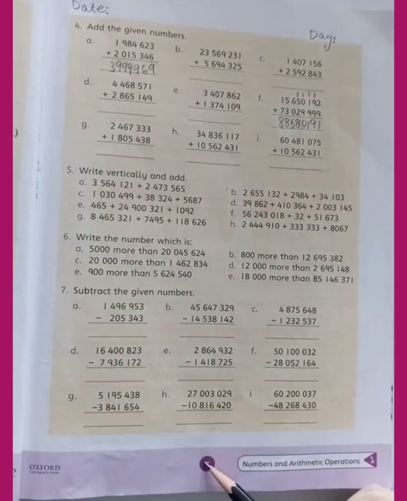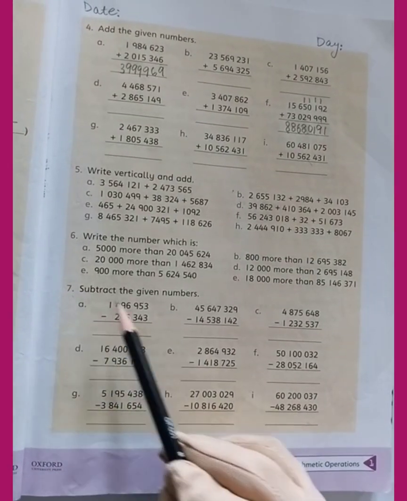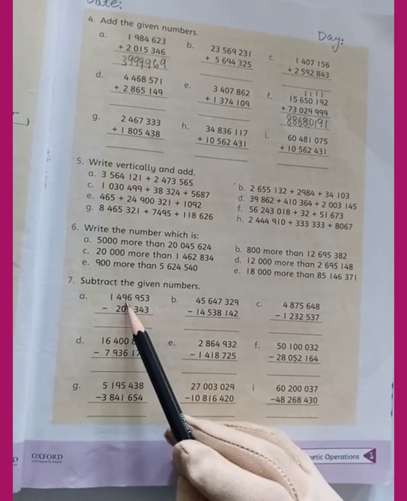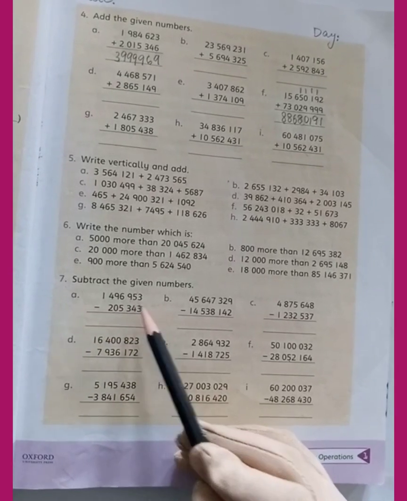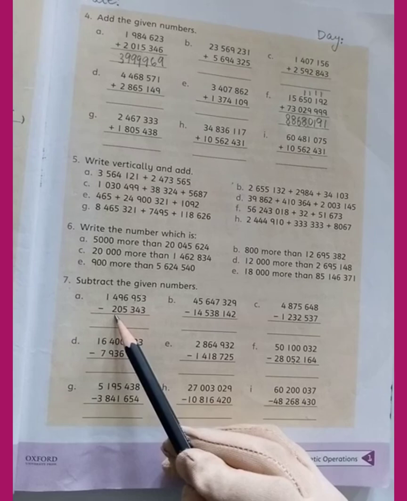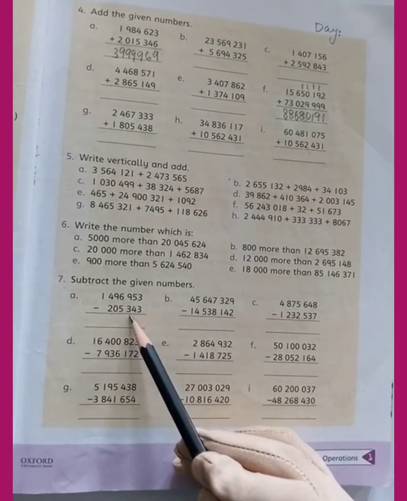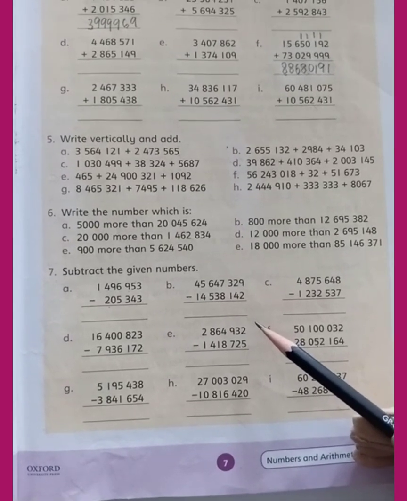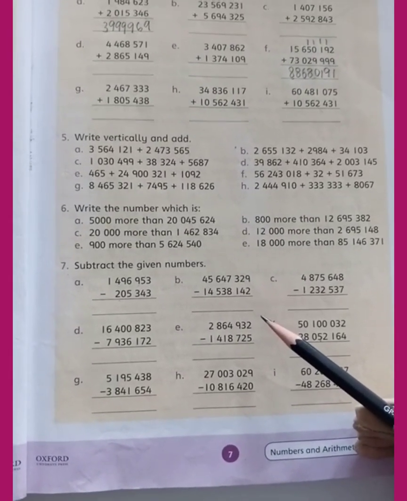Students, on page number 7 you have question number 7. Subtract the given numbers. Part A, 1,496,953 minus 205,343. Subtraction means to find the leftover or what is missing.